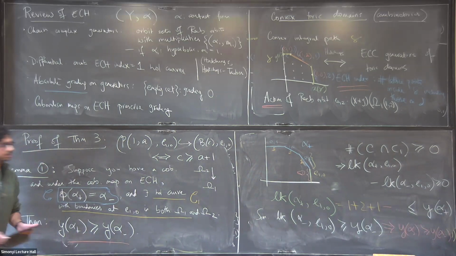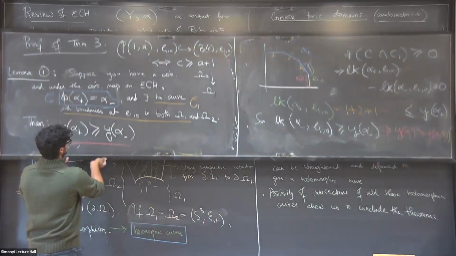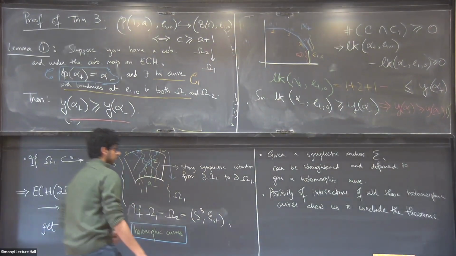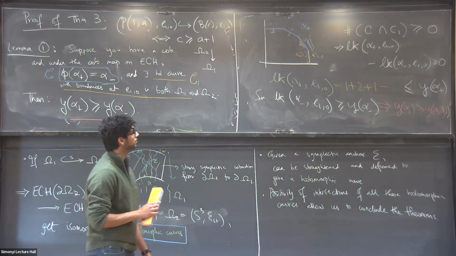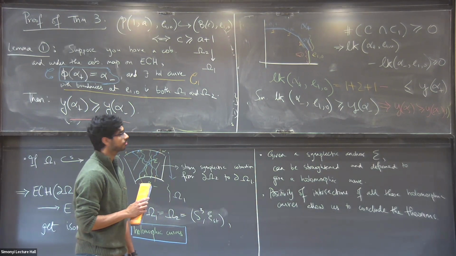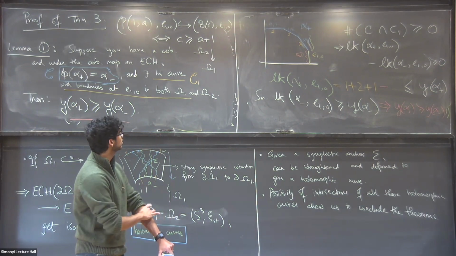If you have this, you must have... So you must prove something that says your curves don't have asymptotic linking. I'm sorry?